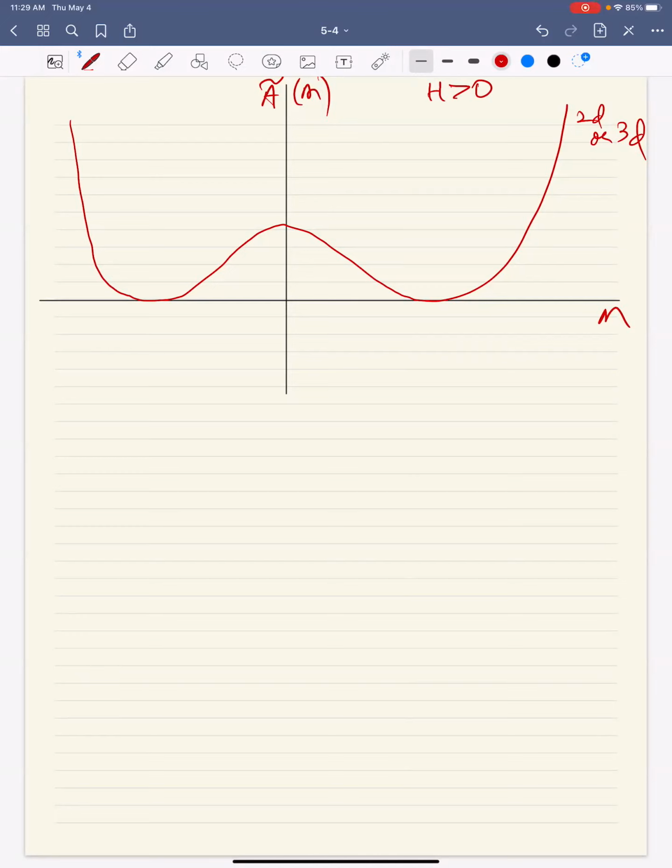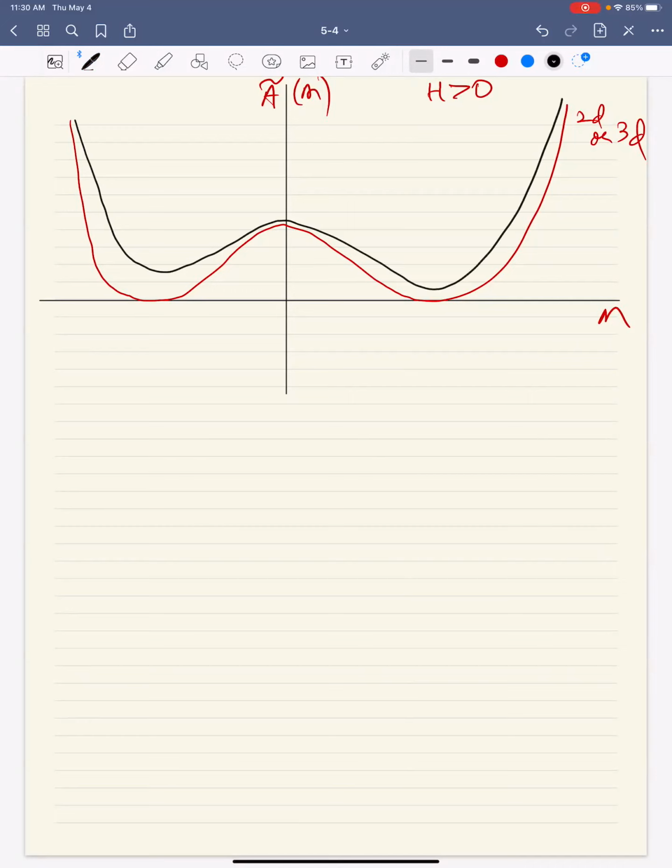Huh? Which side should be deeper if H is more than 0? That goes back to the question that Alan answered, right? If H was very, very large, you prefer all spins to align along H, right? So you're preferring the spins to be the same direction as H, right? So the right basin should be deeper, the positive magnetization. So if H was positive, it's going to look something like this.